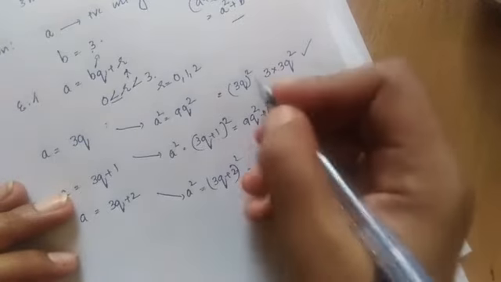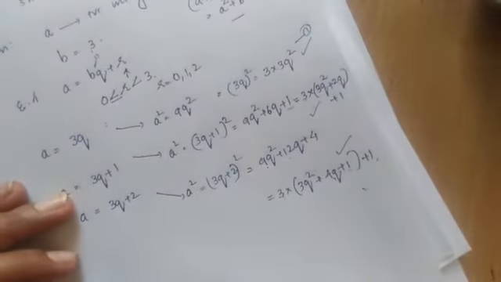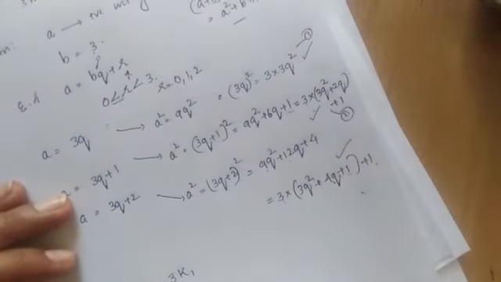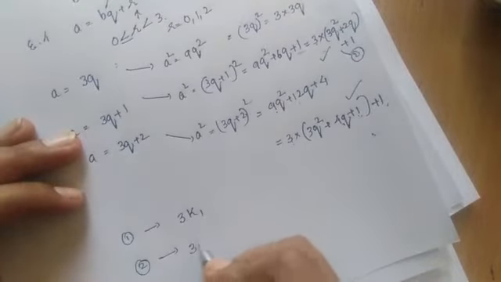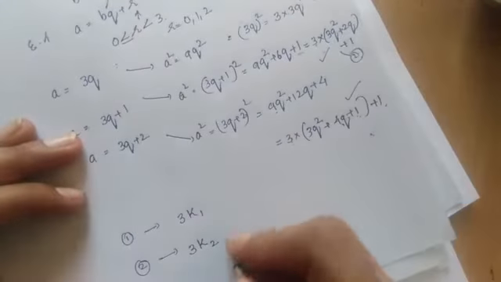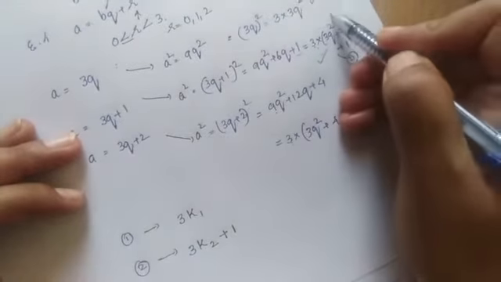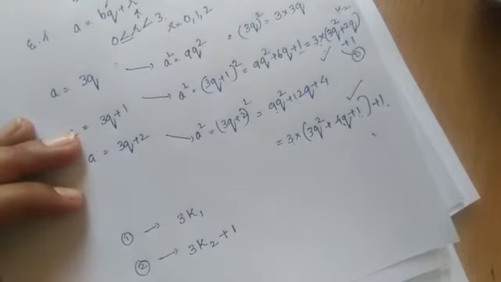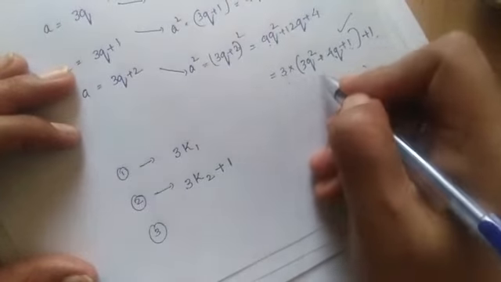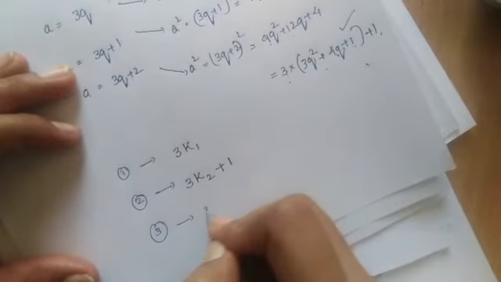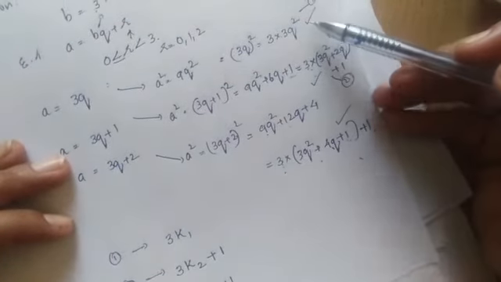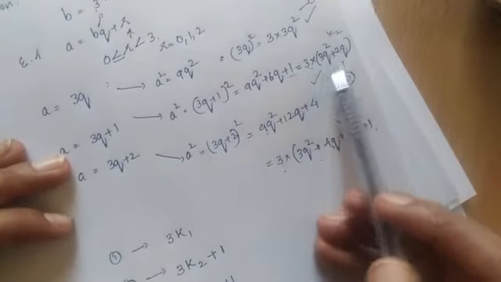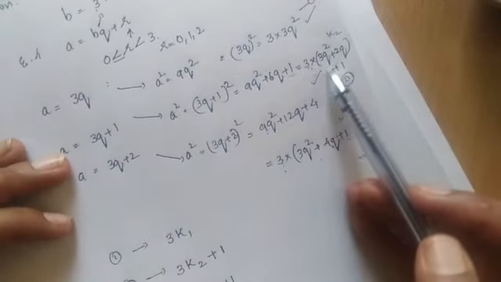We can rewrite the first one as 3 into k1, the second one as 3k2 plus 1, and the third one as 3k3 plus 1.